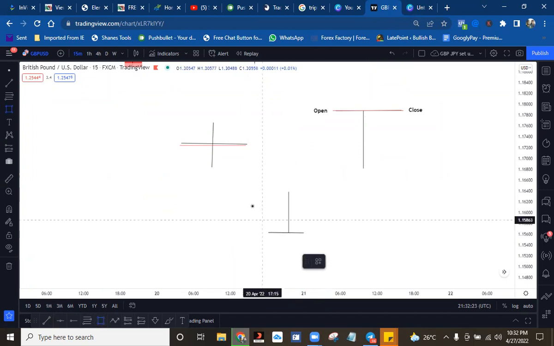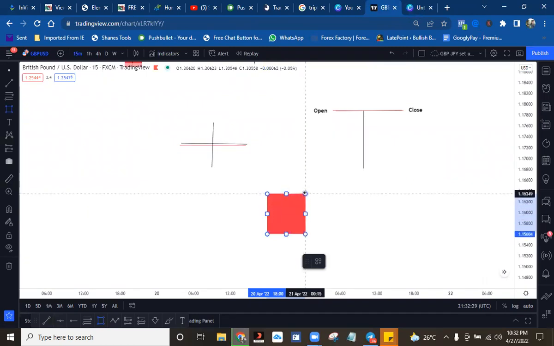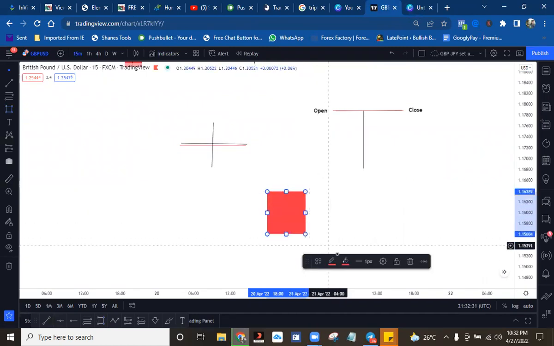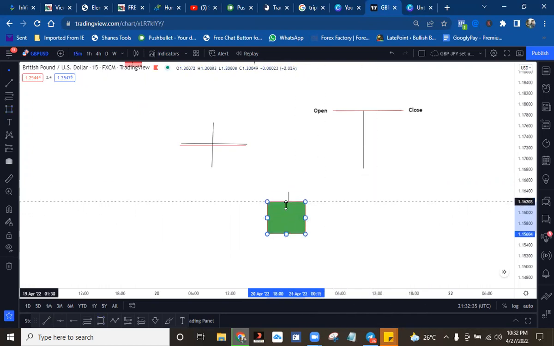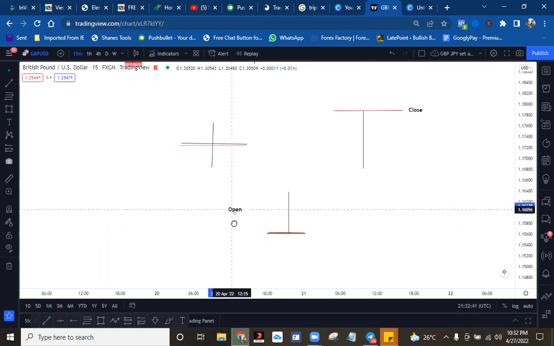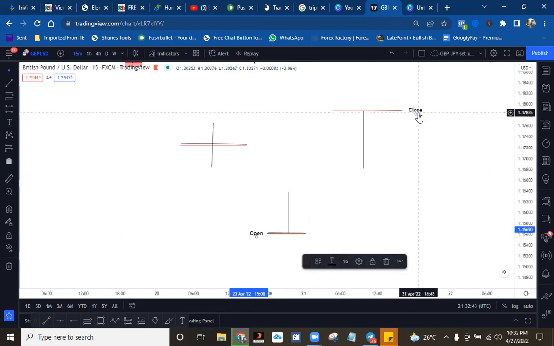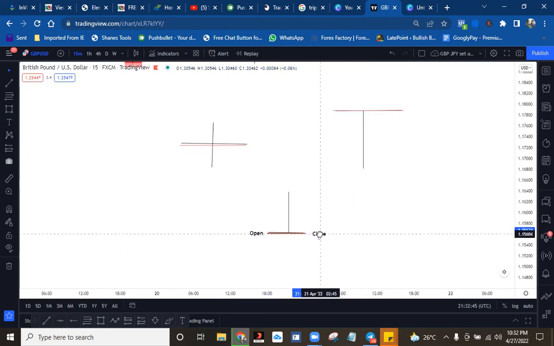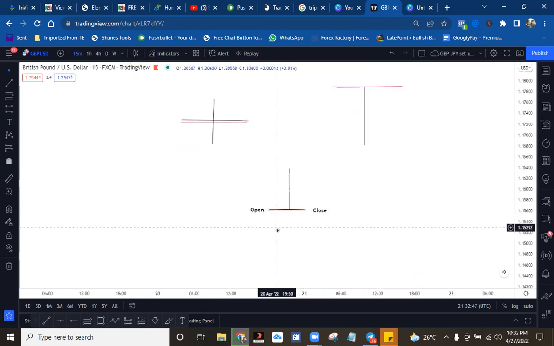It's formed when the candlestick opens here and the bulls pushed up at first, and then the bears rejected that push, and that candlestick closed at the exact place it opened. All right, that's why a gravestone doji is formed.